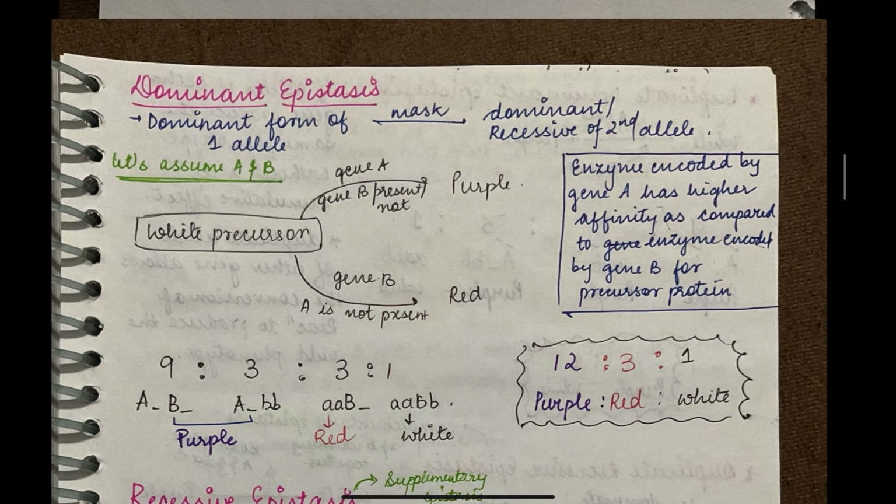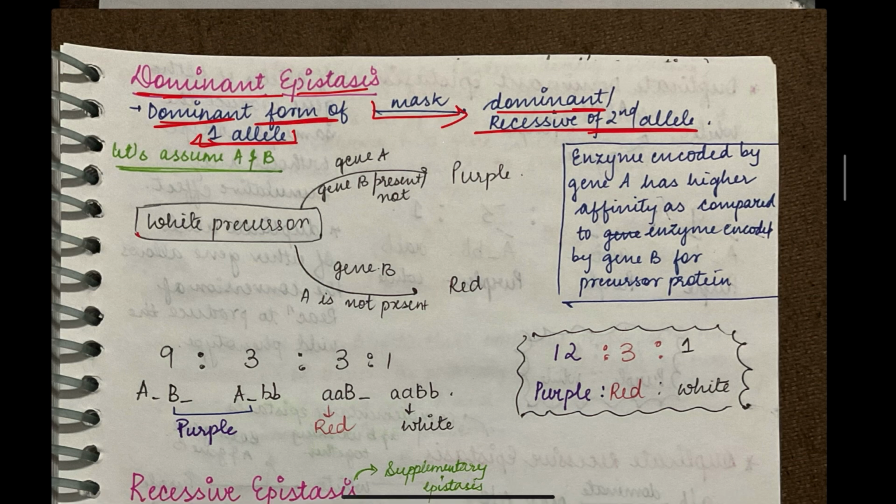See what is seen in dominant epistasis. In dominant epistasis, the dominant form of one allele masks the dominant form or the recessive form of the second allele, right? So, let's assume there are two genes A and B. If we have a white precursor, if gene A acts upon the white precursor, it forms a purple progeny.